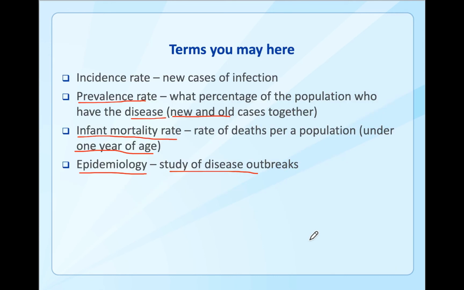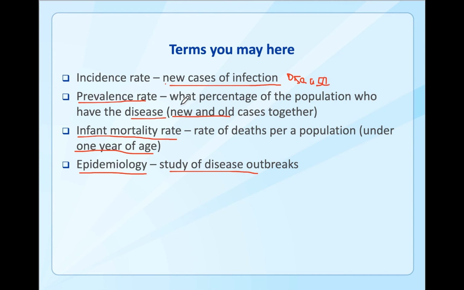And we're constantly looking at these prevalence rates and incidence rates. So I want to go over these key terms so that you're familiar with them. Incidence rate is new cases of infection or disease.